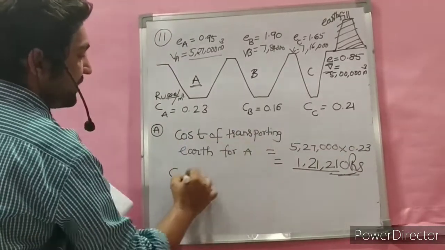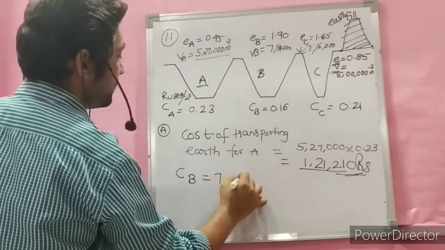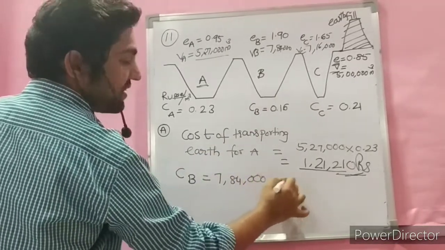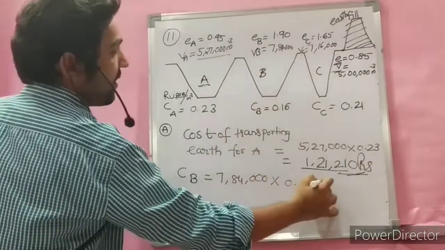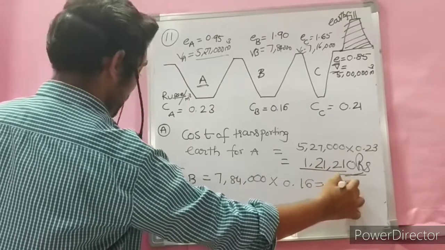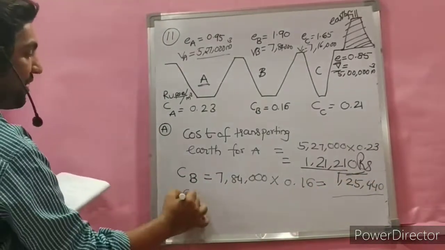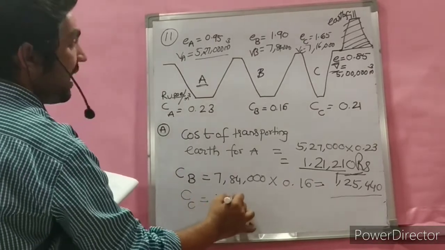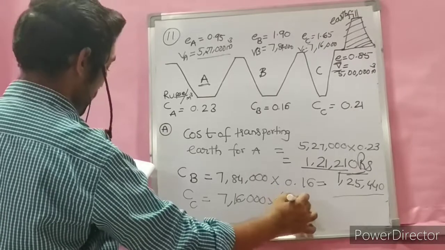Cost of transporting earth for B is equal to 7,84,000 into 0.16. How much is this? 1,25,440 rupees. For C, again, 7,16,000 into 0.21.